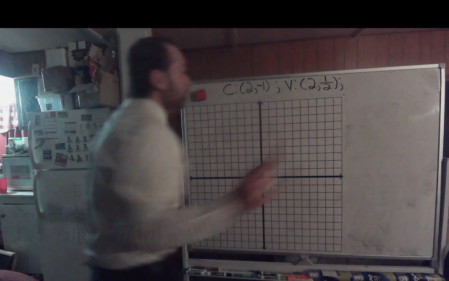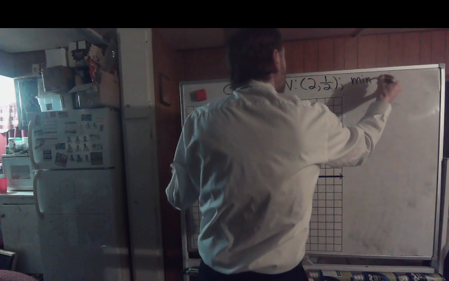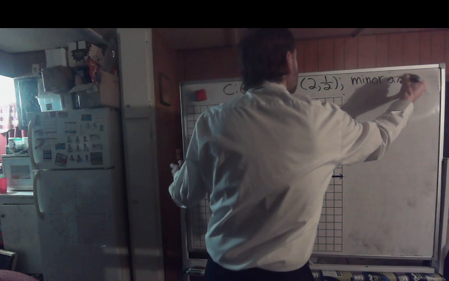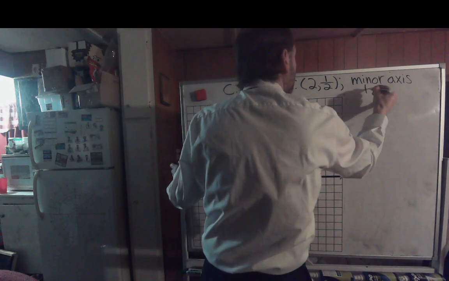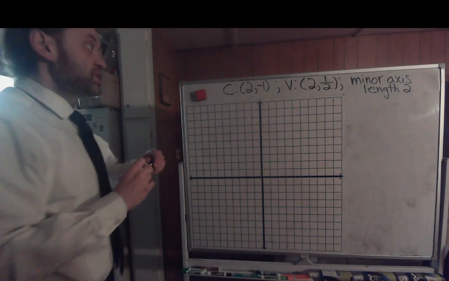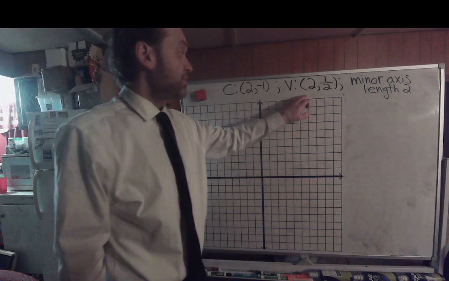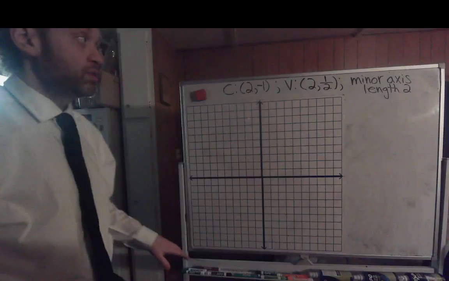They give you one more piece of information: minor axis length 2. Alright, so we have the center of this ellipse at 2, -1, vertex at 2, 1/2, minor axis length 2.